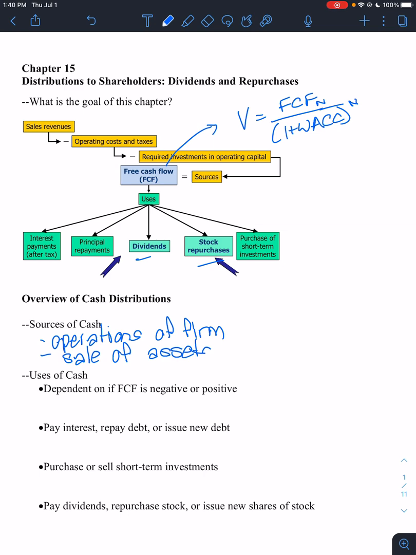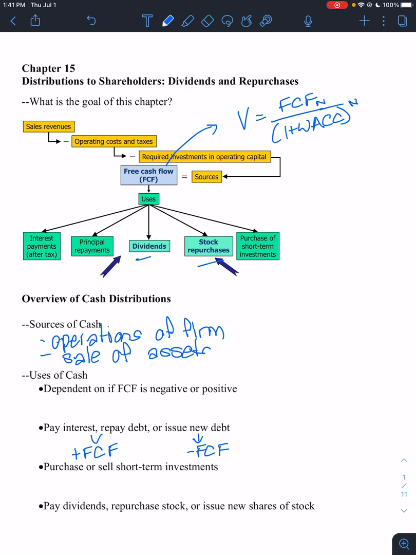So when I look at debt, I can choose with my free cash flows as to pay interest, repay debt, or issue new debt. Well, I pay interest or repay debt whenever I have positive free cash flows. But if I have negative free cash flows, I may need to go out and actually issue debt, right? Because I need to cover those negative free cash flows with something. And one of the ways I can do that is I can issue debt for the firm.